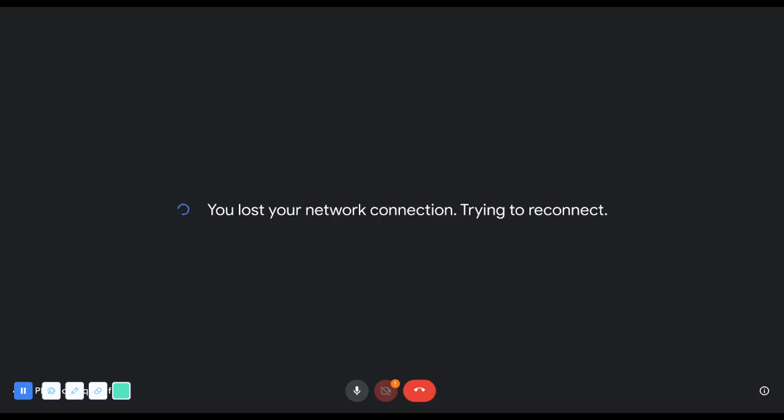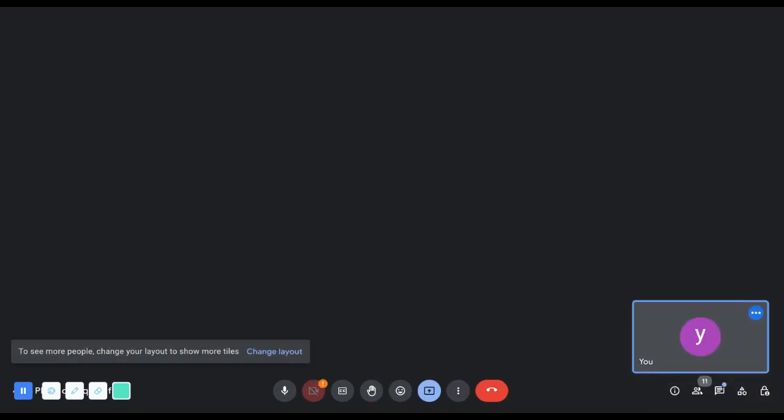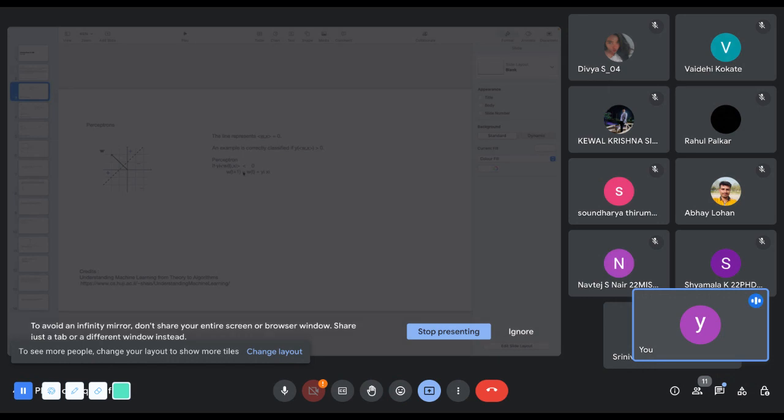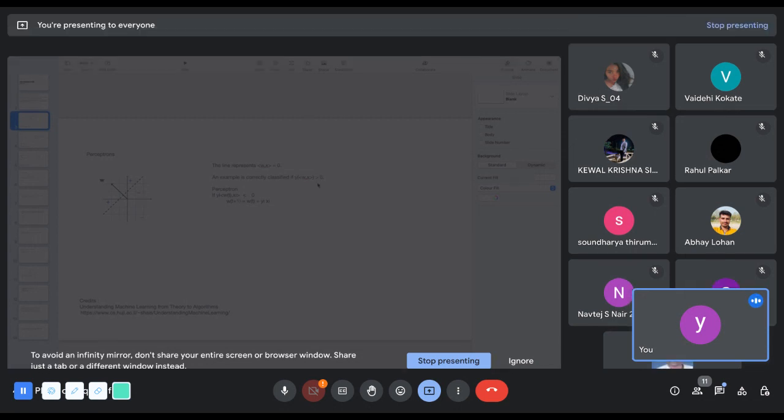So what is a perceptron? Whenever you have a negative example, a negative in the sense you classify it as negative, how do you detect that? That is given by this condition.